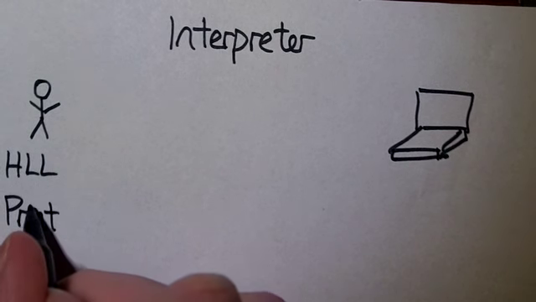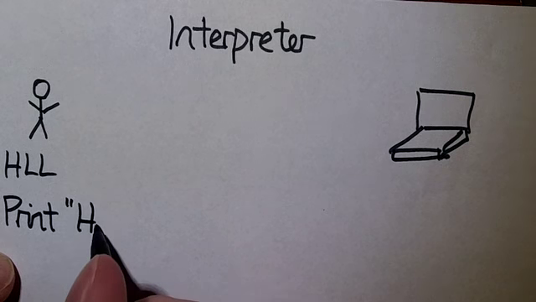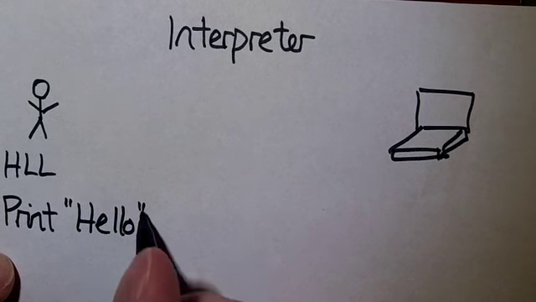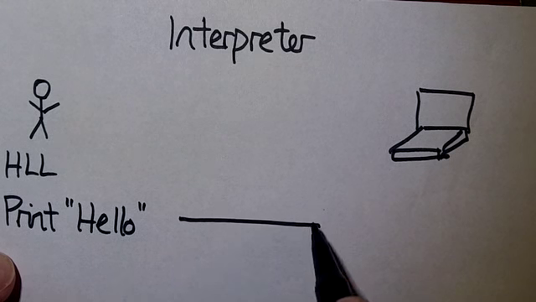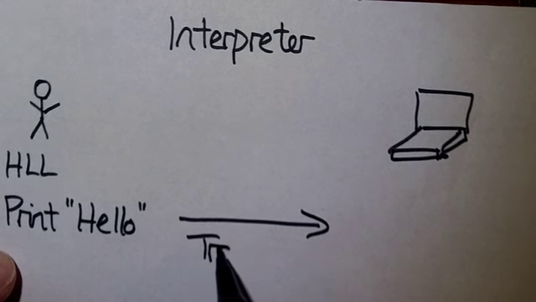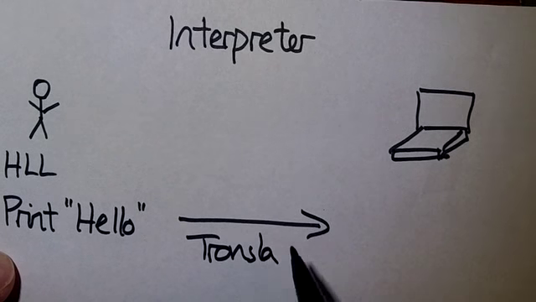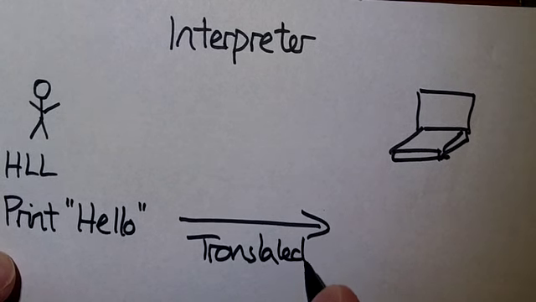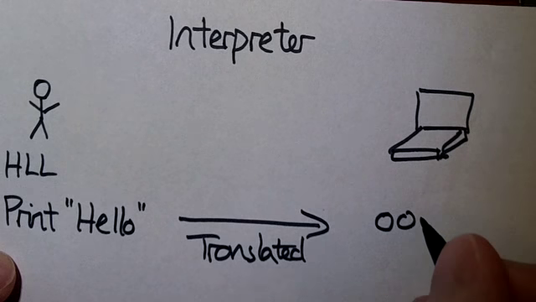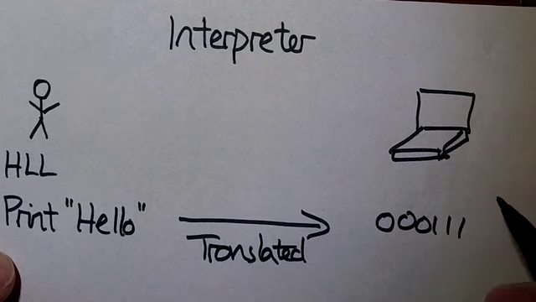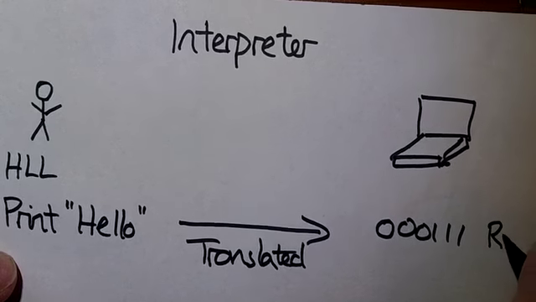is you have one line of high level language, and what happens here is it gets translated into a line of machine code. Then the program runs it.